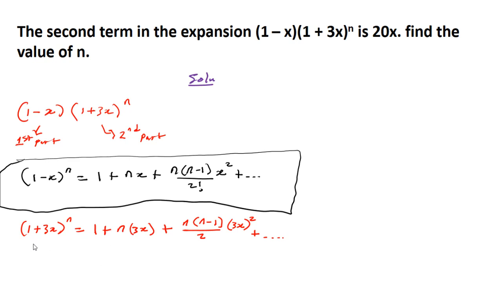After doing that, you can rewrite the expression as 1 plus 3nx, plus, since 3 squared is 9, 9 times (n minus 1) times x squared over 2.